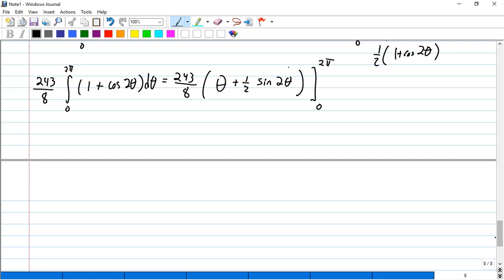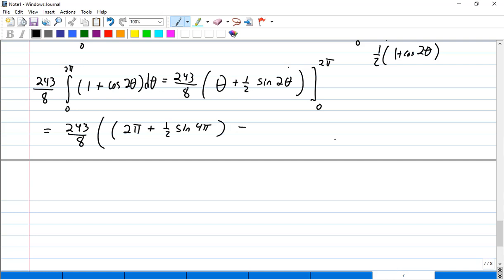So we have 243 over 8 times. I'm going to plug in 2 pi: 2 pi plus 1/2 sine of 4 pi, minus 0 plus 1/2 sine 0.